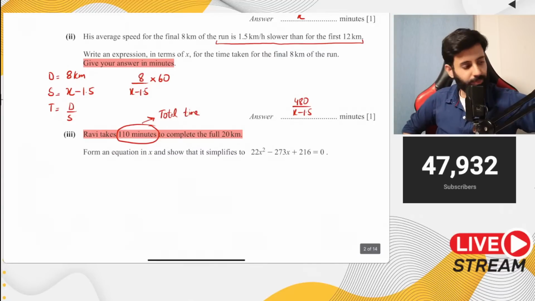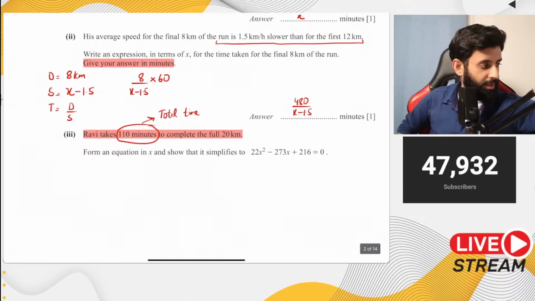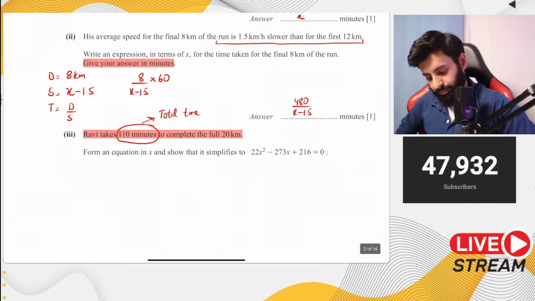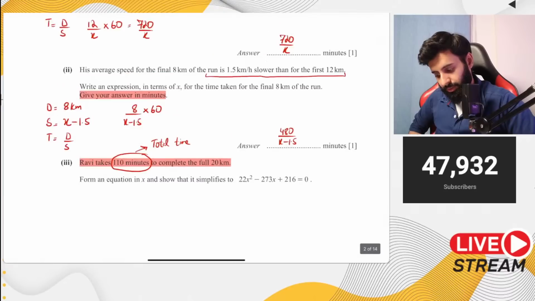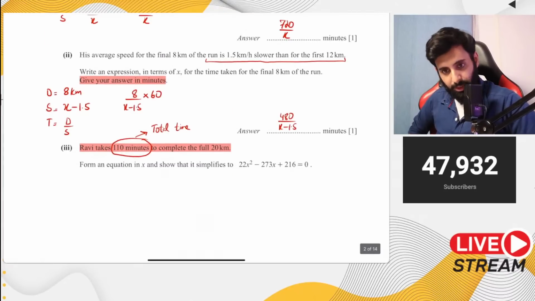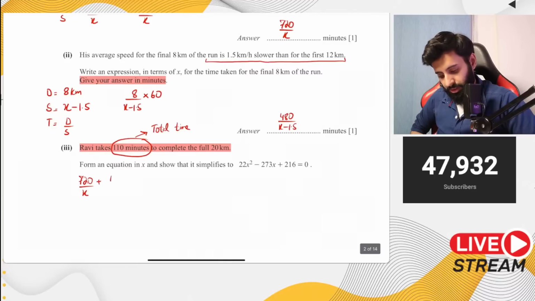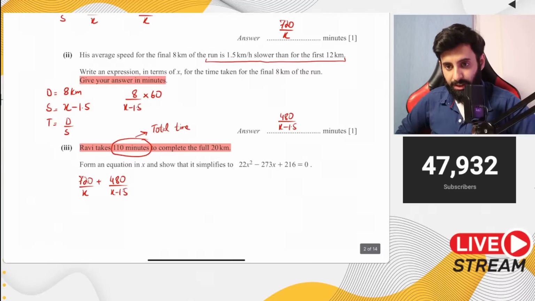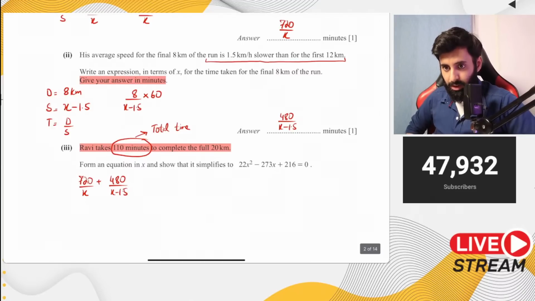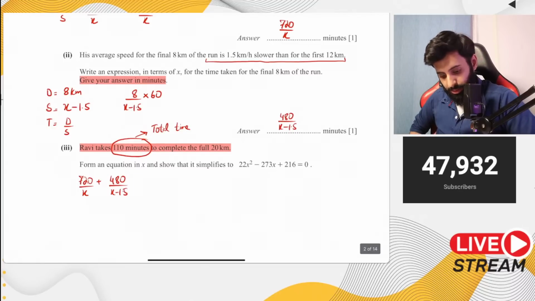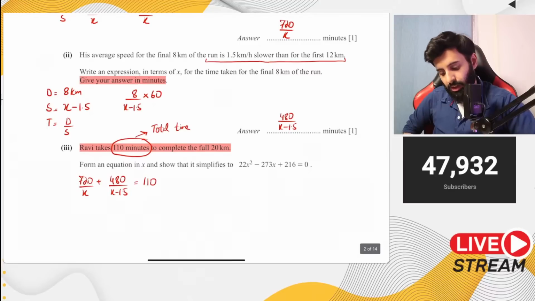We're going to take the time that he takes to run the first 12 kilometers, which is 720 upon x, and then we're going to take the time which he takes to run the remaining 8 kilometers, which is 480 over x minus 1.5. We're going to add the two and equate it to 110.